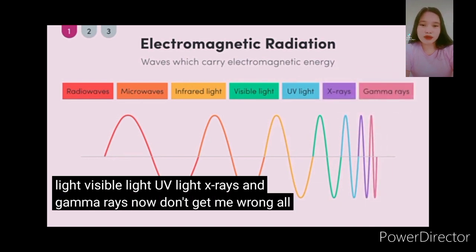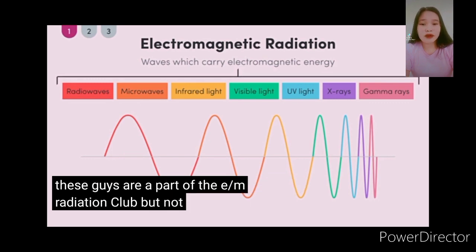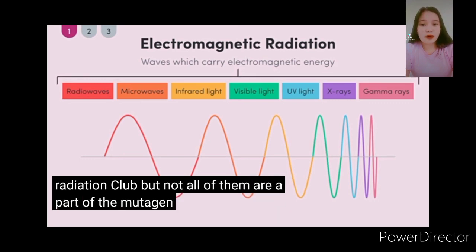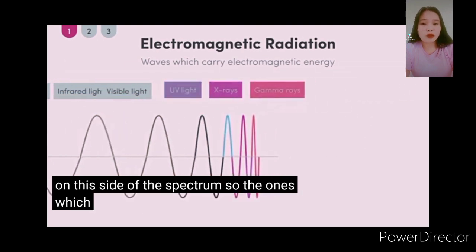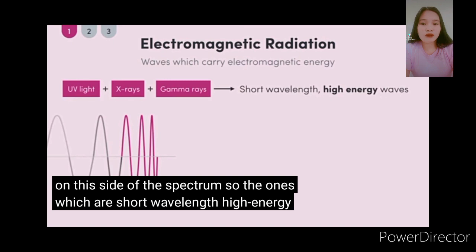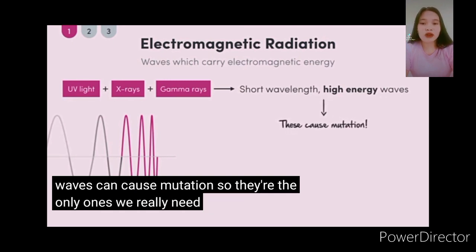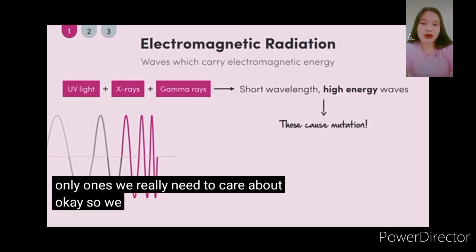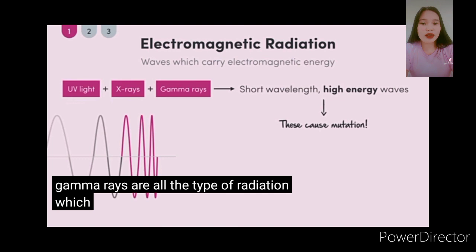Now, don't get me wrong, all of these are a part of our radiation club, but not all of them are a part of the mutagen club. These waves at the side of the spectrum, the short wavelength, high energy waves, can cause mutations, so they are the only ones we really need to care about. Okay, so we need X-rays, gamma rays, and all the types of radiation which cause mutation.